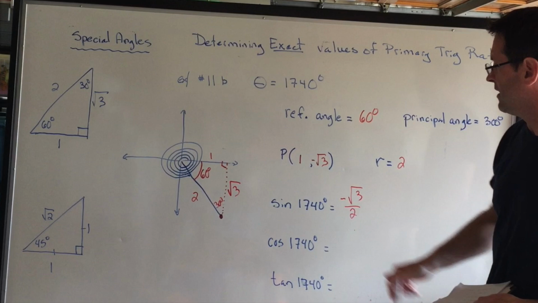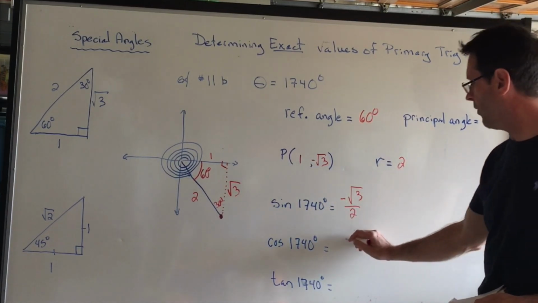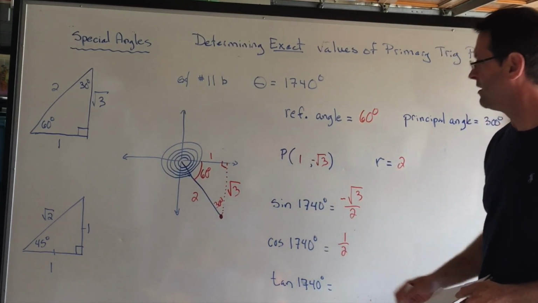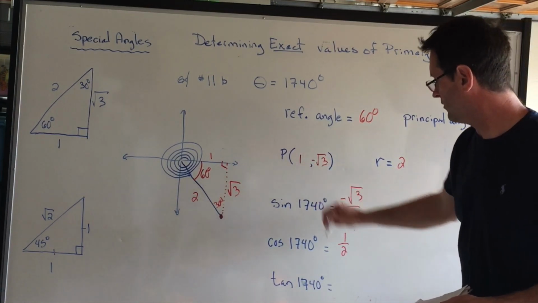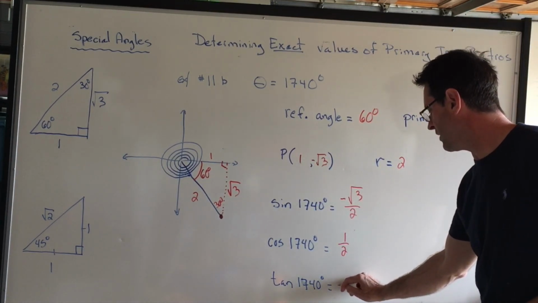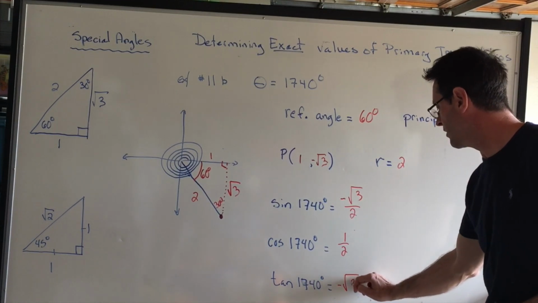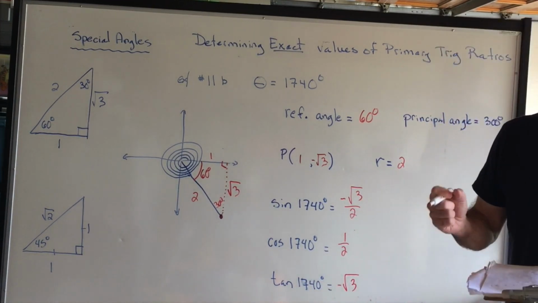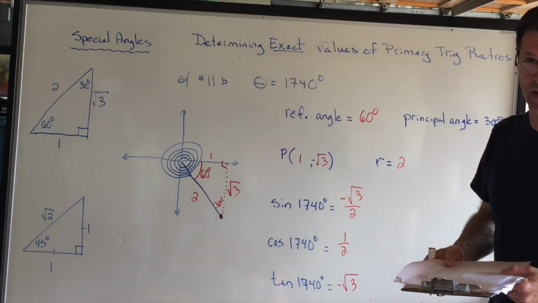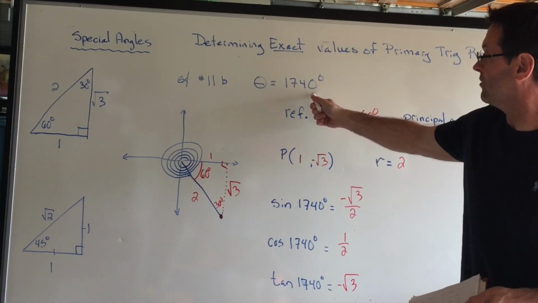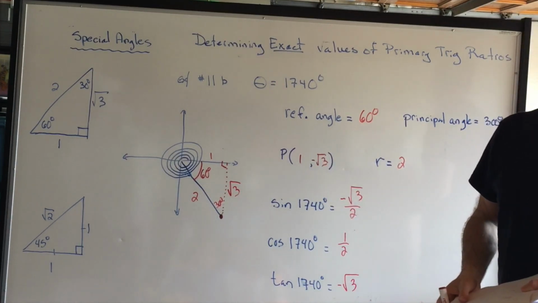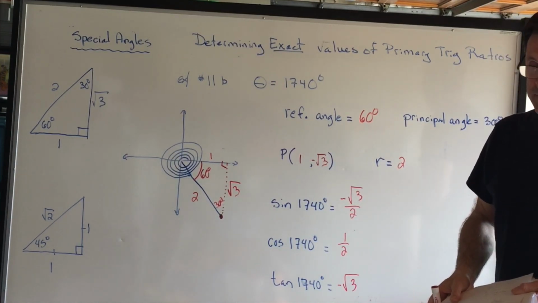The cosine, that's x over r, 1/2. And the tangent value, that's y over x. Negative root 3 over 1 would just be negative root 3. We've just come up with the exact sine, cosine, and tangent values for 1,740 degrees without using a calculator.